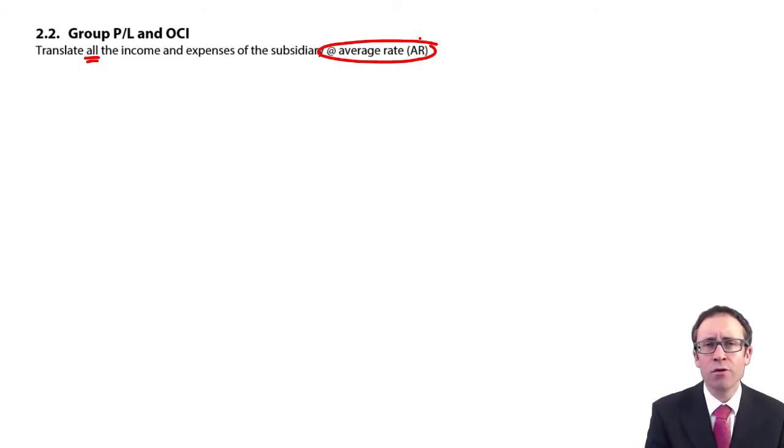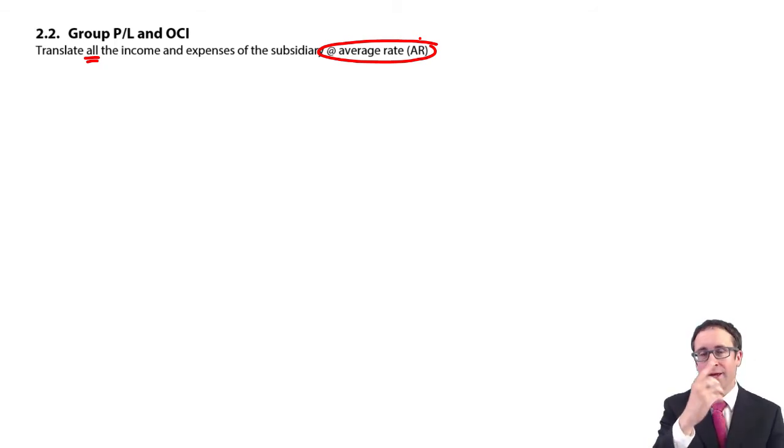How many transactions go through the profit or loss of the subsidiary in a calendar year? Millions. So provided the rate stays fairly constant during the year, with no huge fluctuations, we can use the average rate for simplicity. That's what we apply in the exam, and also in the real world, unless there were significant fluctuations in the currency. Within stable economies, that should not be the case.